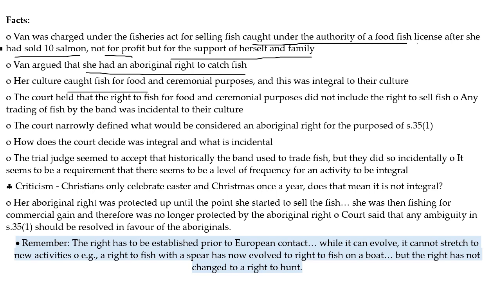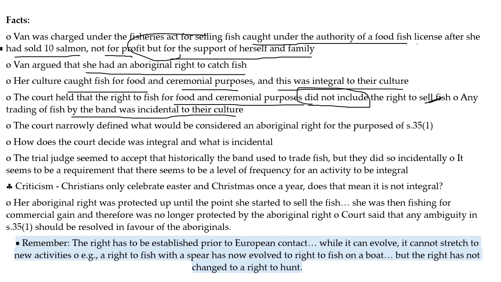Her culture caught fish for food and ceremonial purposes, and this is integral to the culture. The court held that the right to fish for food and ceremonial purposes did not include the right to sell fish. Using fish for your own purpose does not mean you are selling, even if it is for the support of family or herself. Any trade by the band was incidental to their culture.